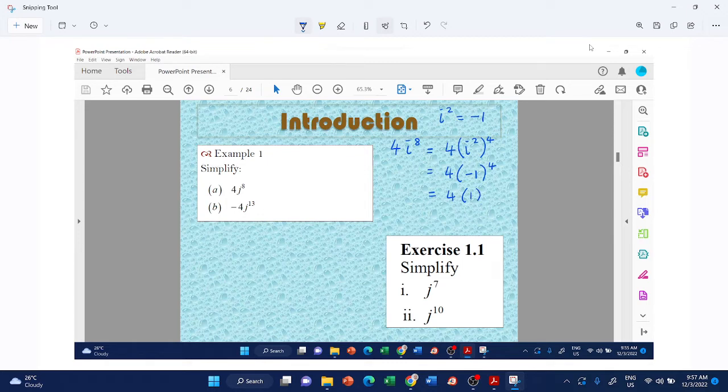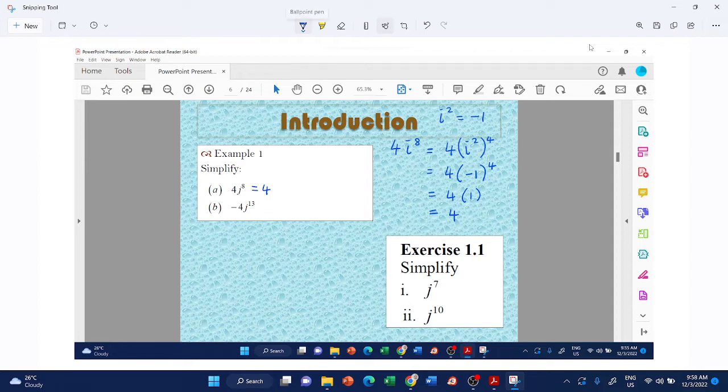Okay, thank you. Okay, so we have 4 times 1 equal to 4. So that means can we simplify to 4?